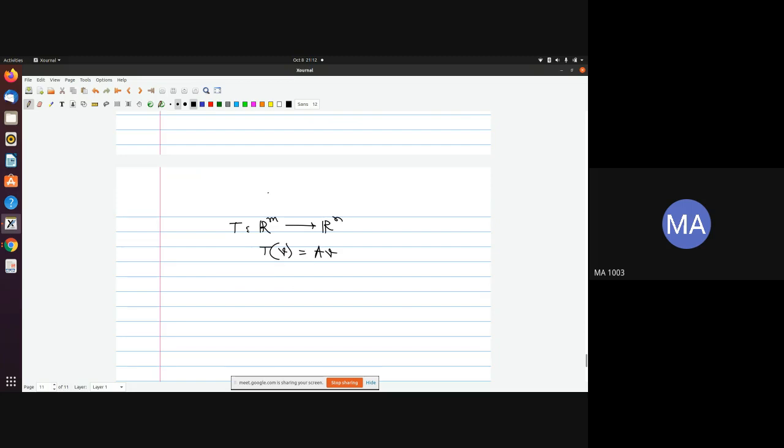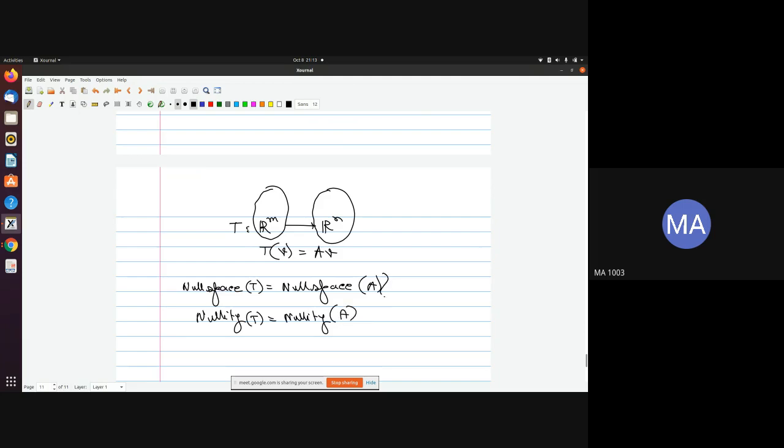Null space is inside this Rm, and range space is inside your Rn. Now the null space of T is the same as the null space of A, right? So the nullity will also be the same. This is what I have written earlier.